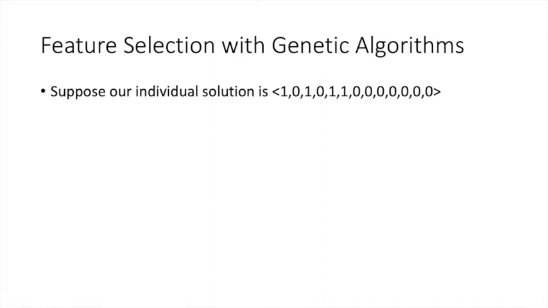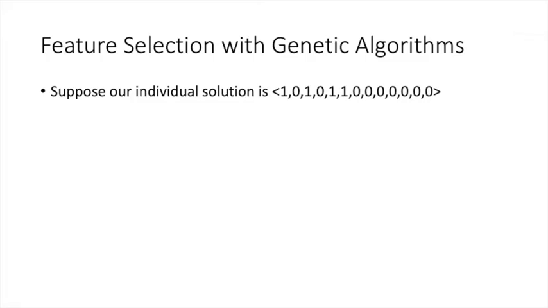Well, we can use a GA. Remember, a GA evolves solutions to a problem at hand. In this case, our solution can be a vector of ones and zeros, where a 1 means that the corresponding feature or variable will be selected, and a 0 means that the corresponding feature will be omitted from our regression modeling.